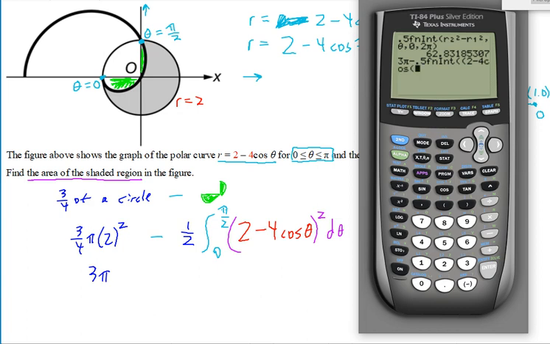I have it in polar mode, so it's theta, but if you have regular mode, you could use x as well. Close parentheses there, squared, comma, theta as the variable, comma, lower limit 0, comma, upper limit pi over 2. And we get 8. So it works out to be an integer here.